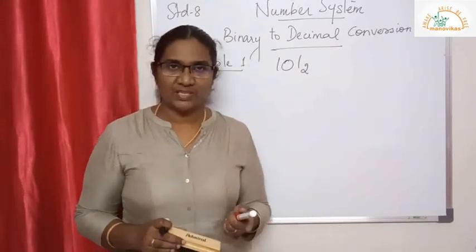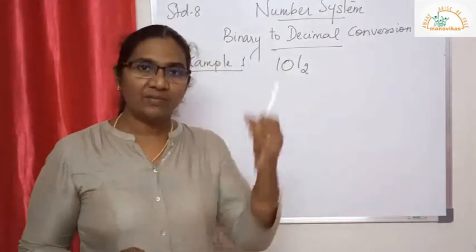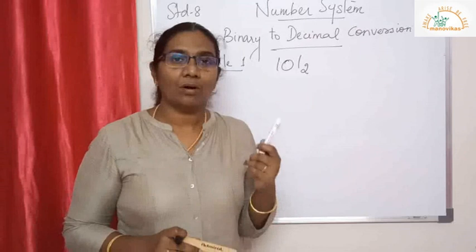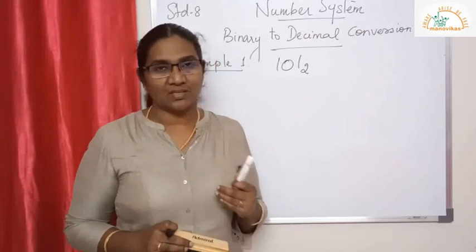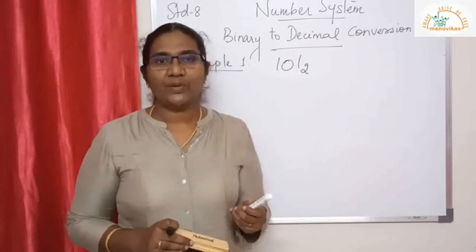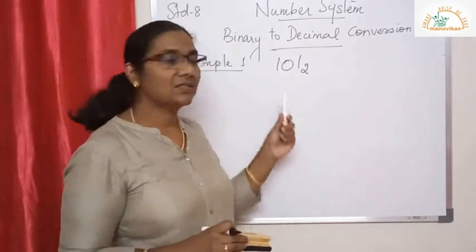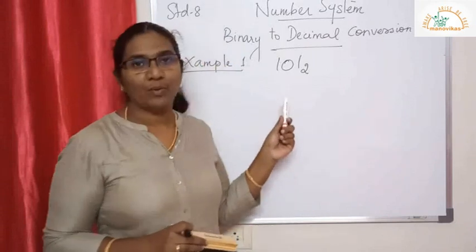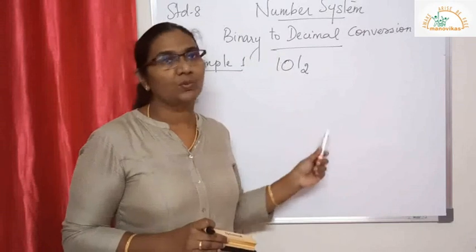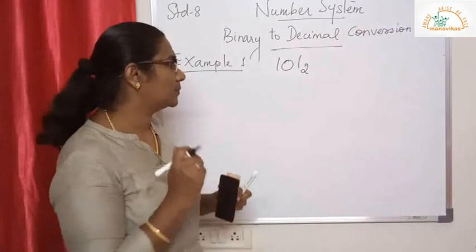In my last video, I explained how to convert a decimal number to a binary number and gave a set of rules, and many of you had not gone through the rules or the procedure and faced some difficulties. I request you all to go through the rules once again before you solve the sum. The same thing applies here: whatever rules I give for converting from binary to decimal, you must remember those rules or procedures and then apply them while converting.